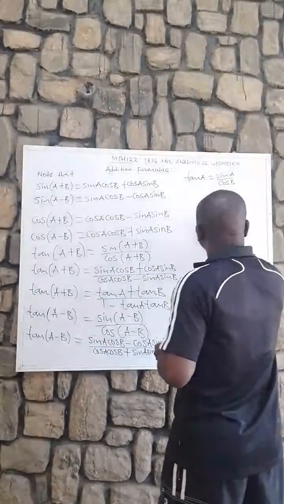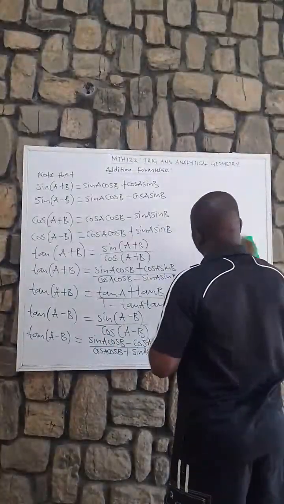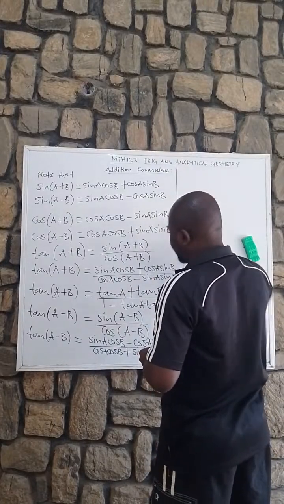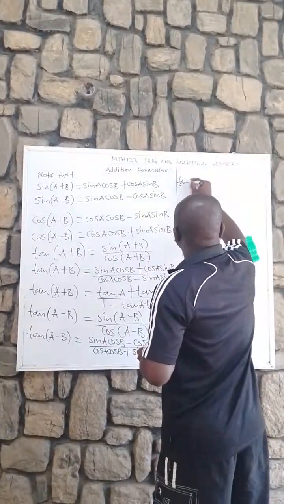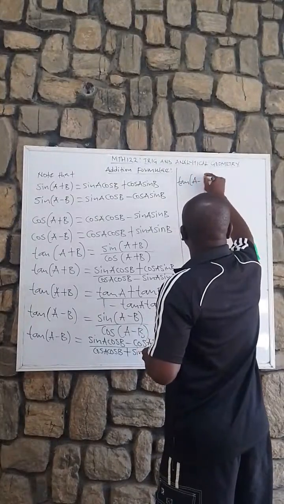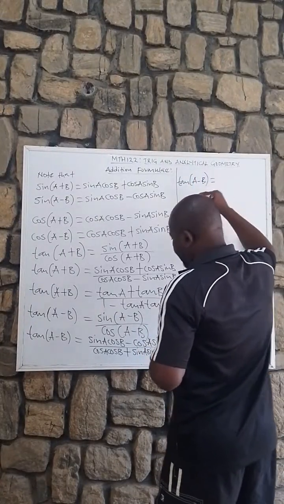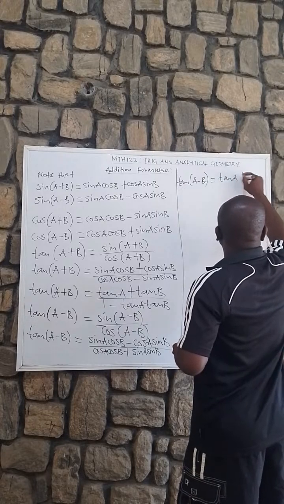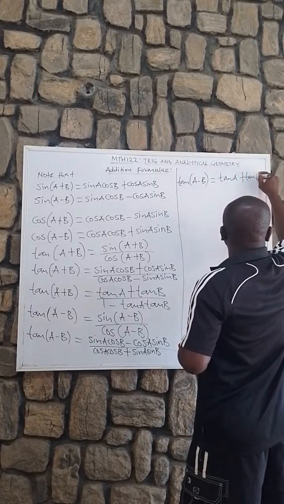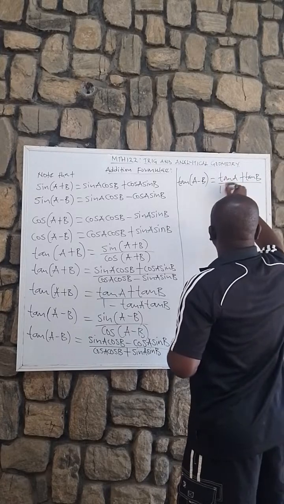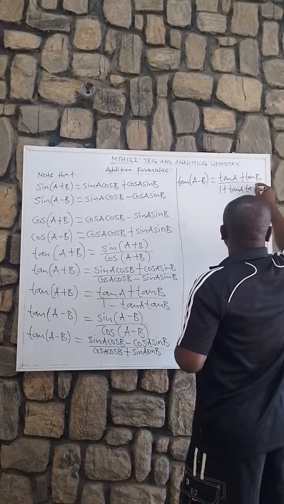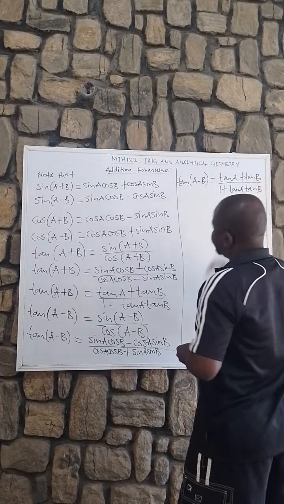Now the whole thing will turn down to tan of A minus B equals tan A minus tan B all over 1 plus tan A times tan B.